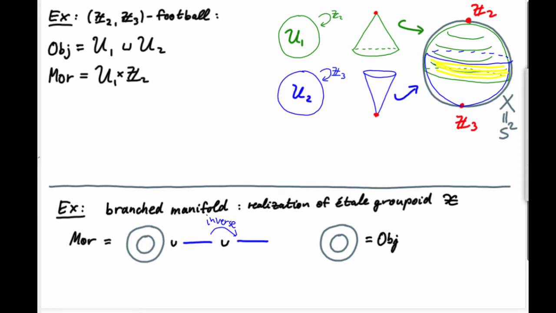That already includes the identity elements. I also need to act with Z3 on U2, which also has those identity elements. Because these groups are cyclic, I have my inverses there. Because they're closed so far, composition is well defined.